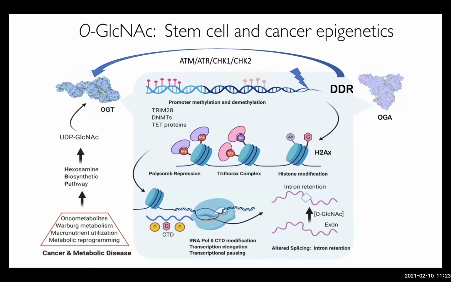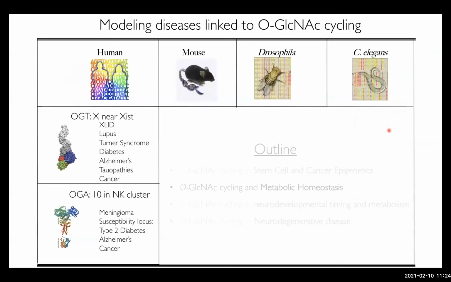There's the trithorax activation complex, the polycomb repressive complex, activity at the Pol2 C-terminal domain, and then finally alternative splicing via intron retention that regulates a large number of genes, including these two genes, OGA and OGT themselves. So this is a very complicated epigenetic regulation triggered by oncometabolites and UDP-N-acetylglucosamine.